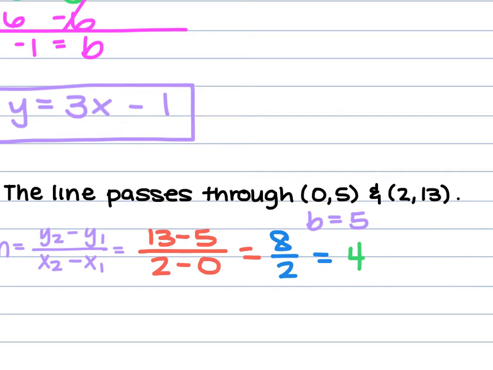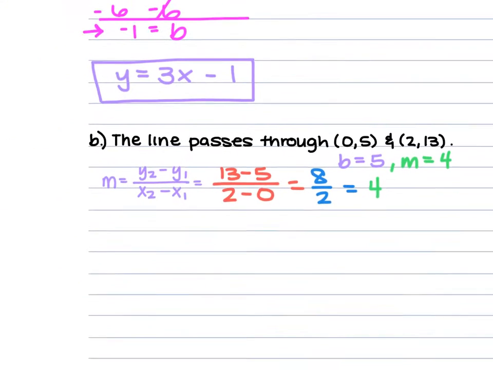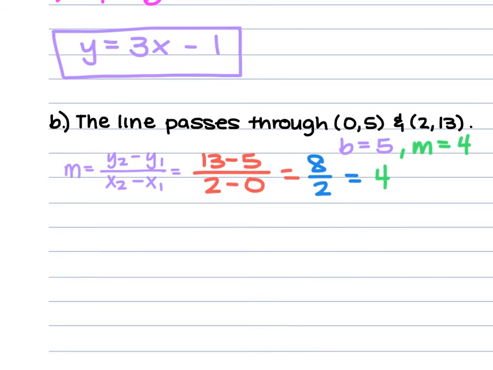So our slope is 4, our y-intercept is 5. If we plug this into our slope-intercept formula, we have y is equal to m, which is 4, x plus b, which is 5.